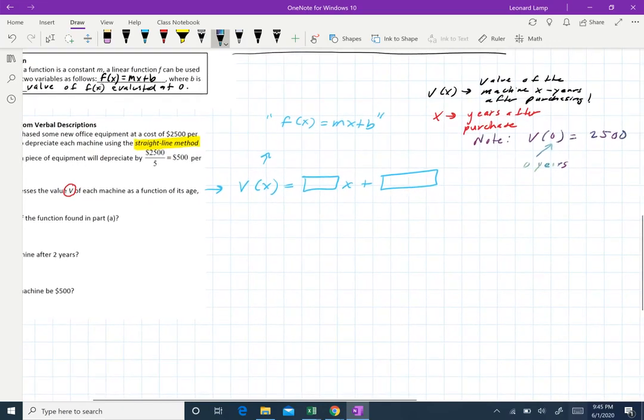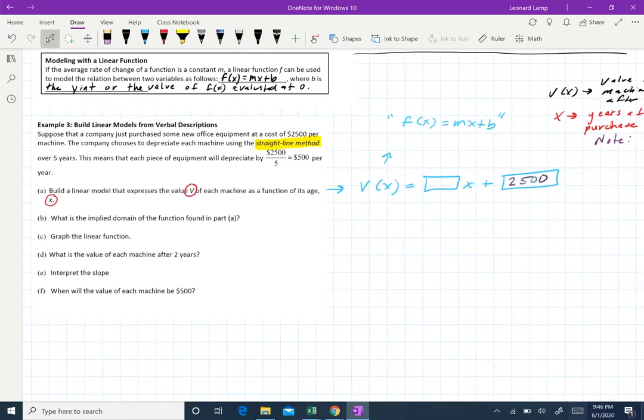If that's the function evaluated at 0, that's also your y-intercept, which means that 2,500 goes here. But if it's depreciating at a rate of $500 per year, then your slope would be 500. You have to be careful here: it's depreciating from that 2,500 mark, so this slope should actually be negative. So now we have our function for part A.